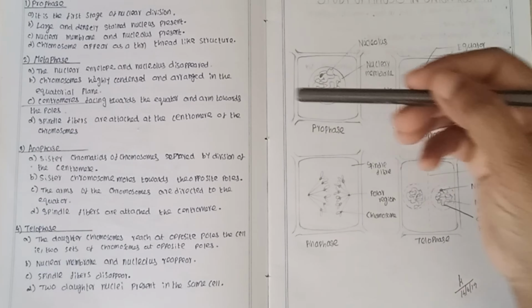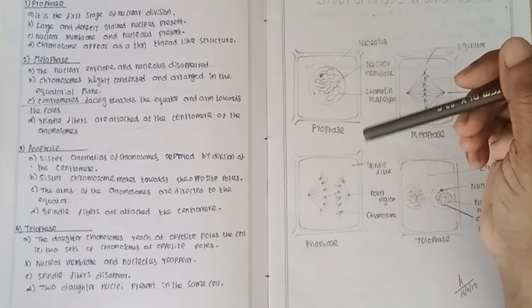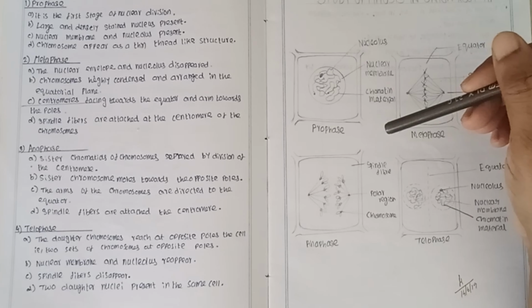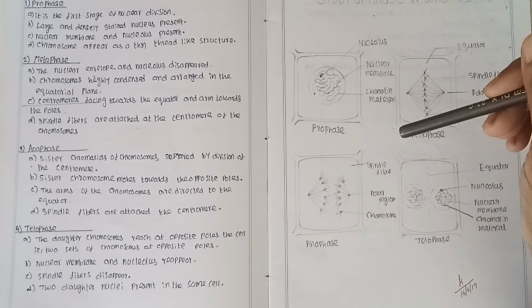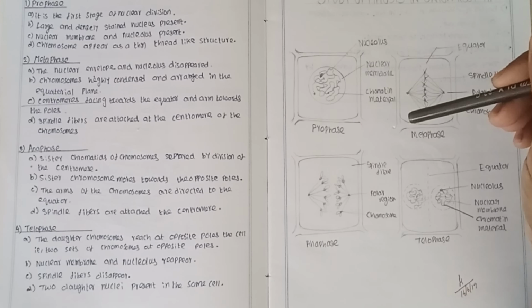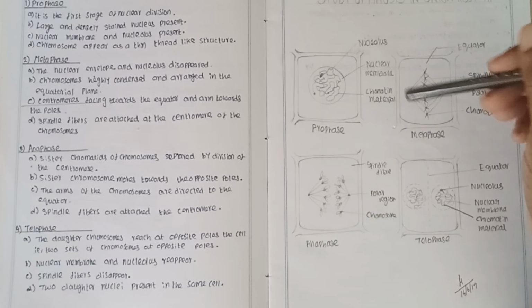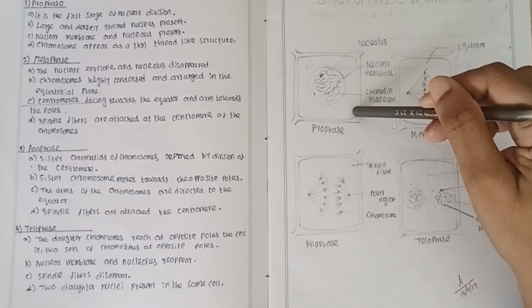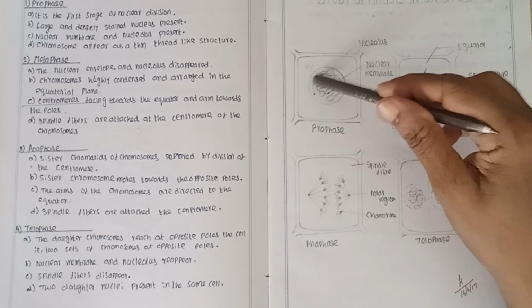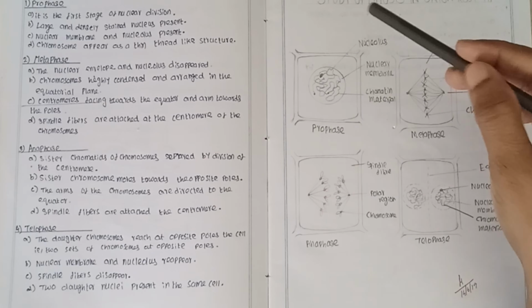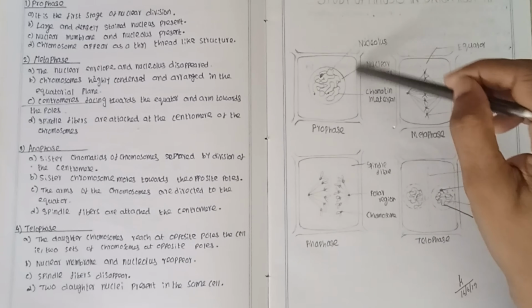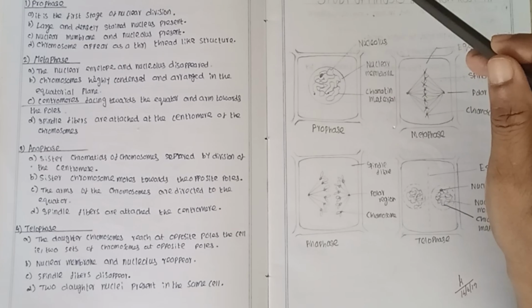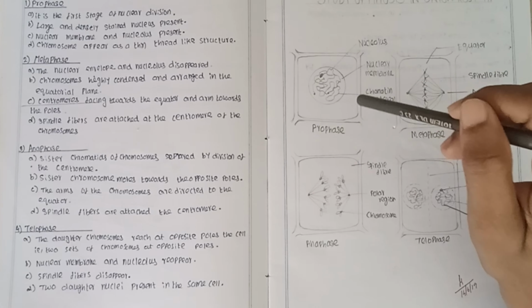Some spindle fibers extend from the pole to the equator of the dividing cell. The nuclear membrane completely disappears, and the nucleolus is not visible. Now the three stages of prophase are complete.